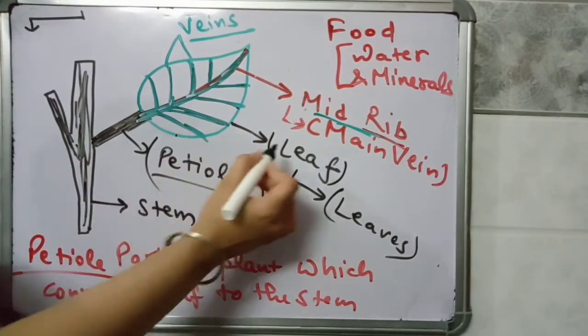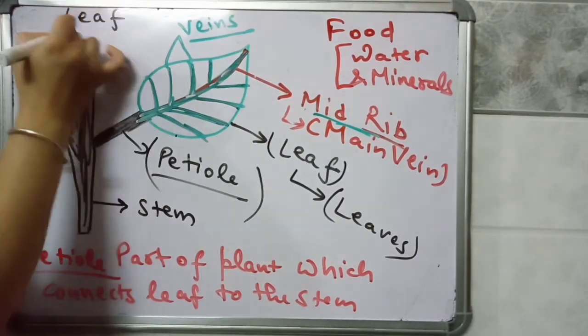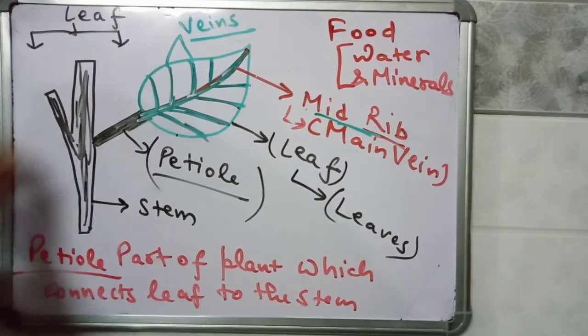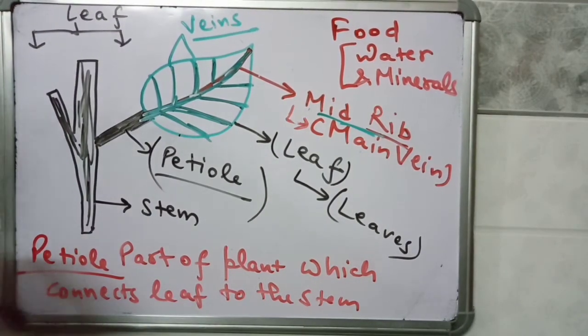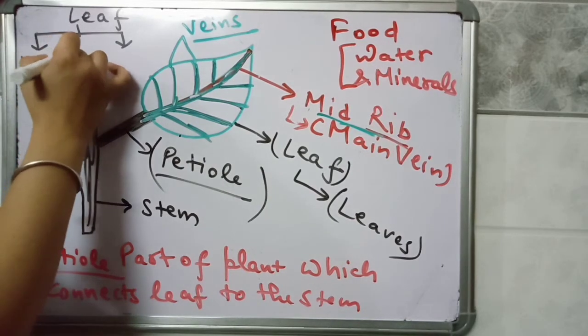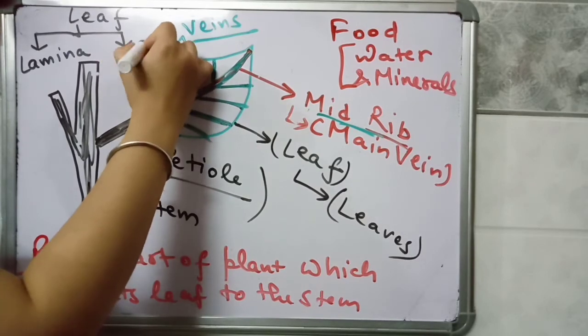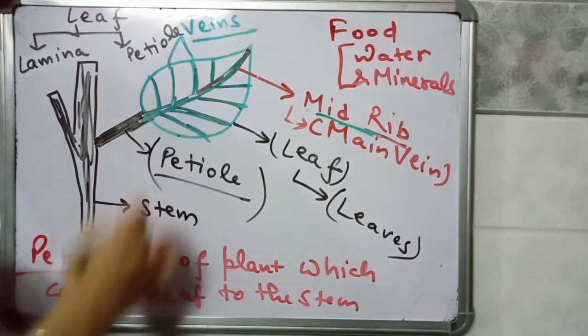A leaf is divided into two parts. One is the lamina and one is the petiole. What is the petiole?